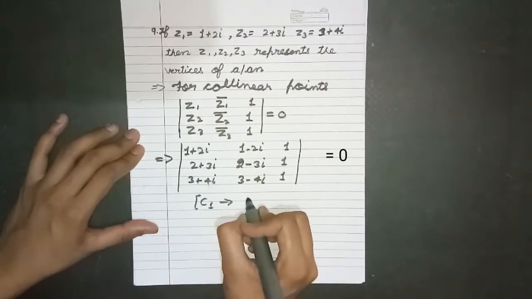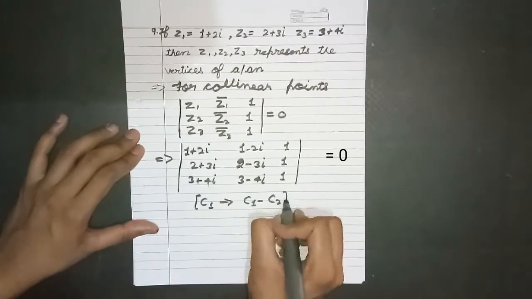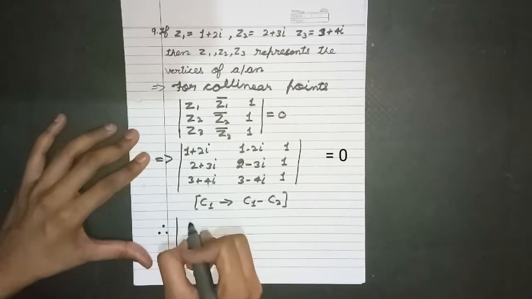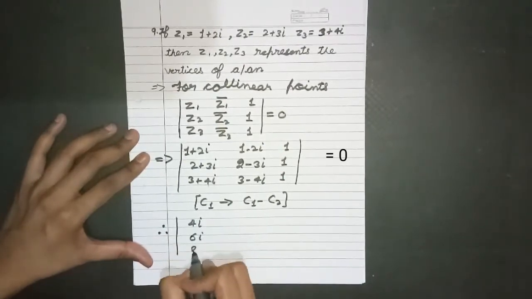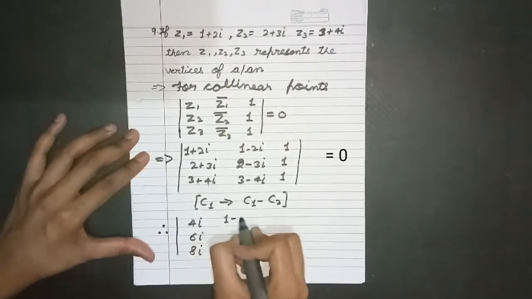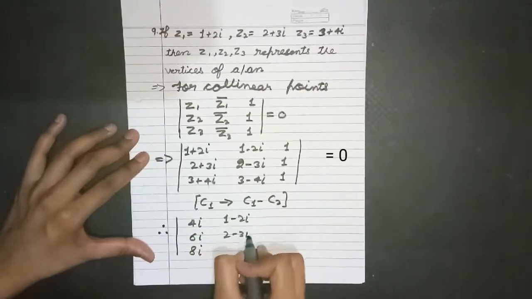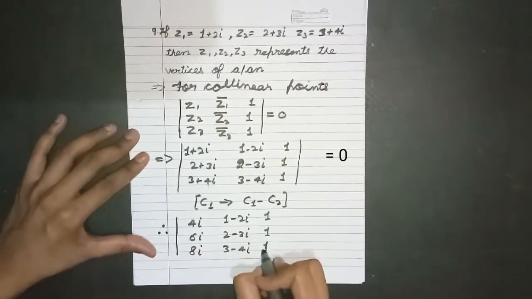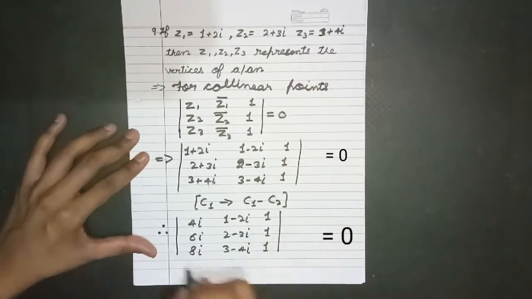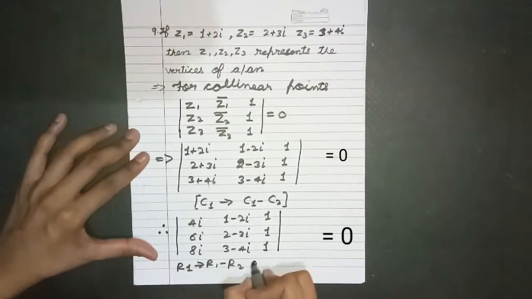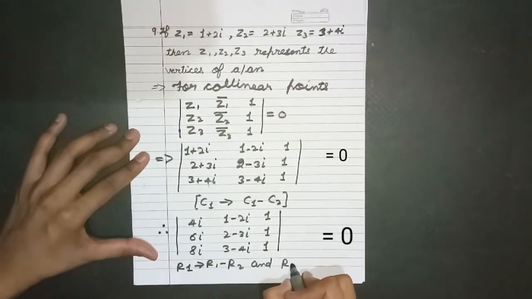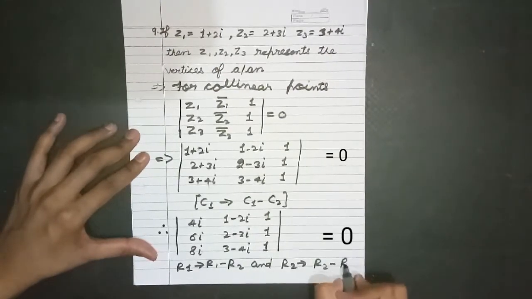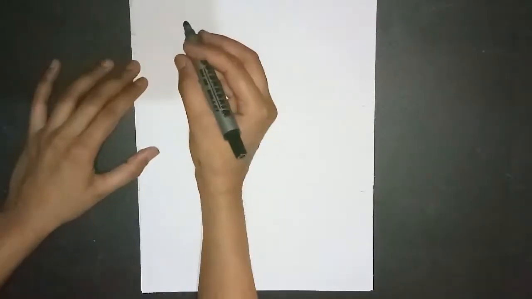So from here, applying the operation C1 gives C1 minus C2. So we will get 4 iota, 6 iota, 8 iota, 1 minus 2 iota, 2 minus 3 iota, 3 minus 4 iota, and 1 1 1. So this is equal to 0. So applying the operations R1 gives R1 minus R2 and R2 gives R2 minus R3.